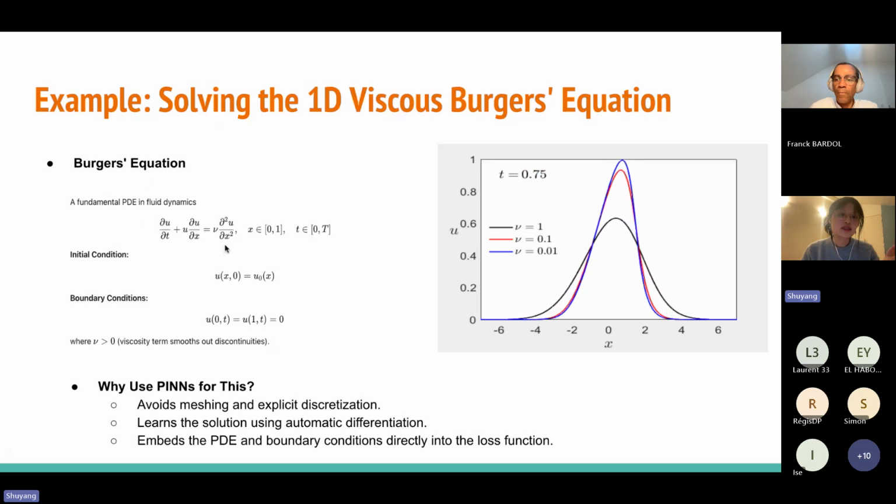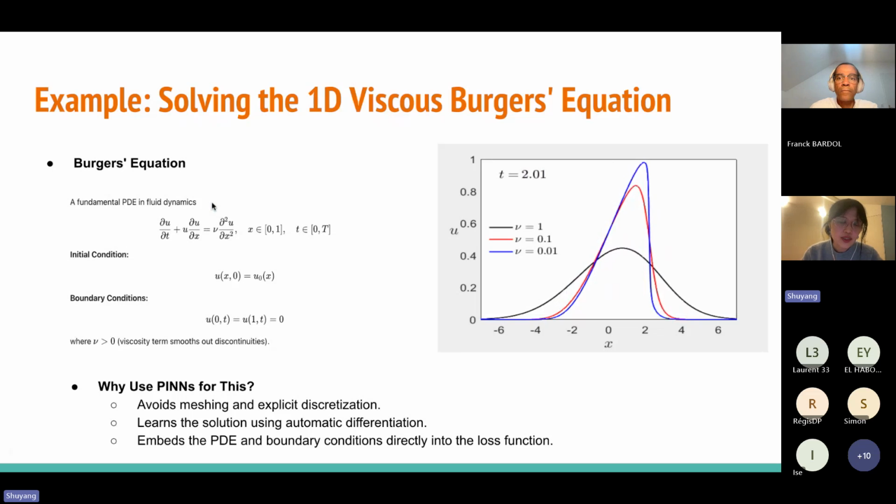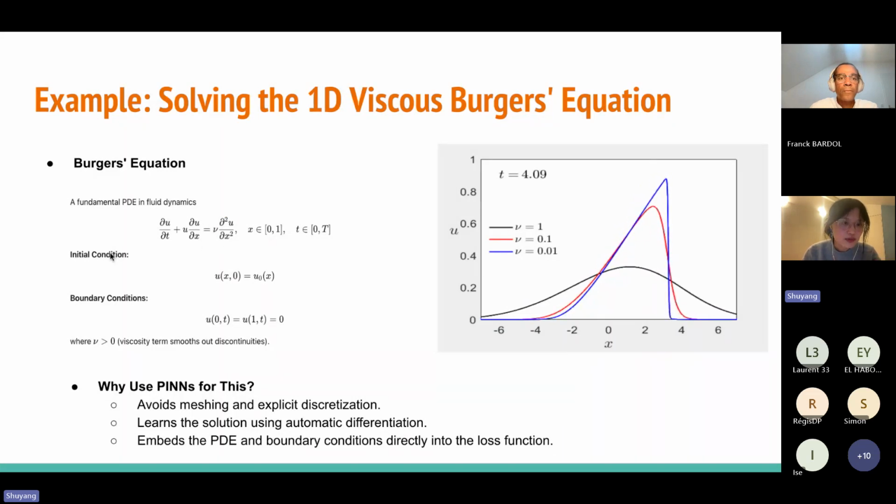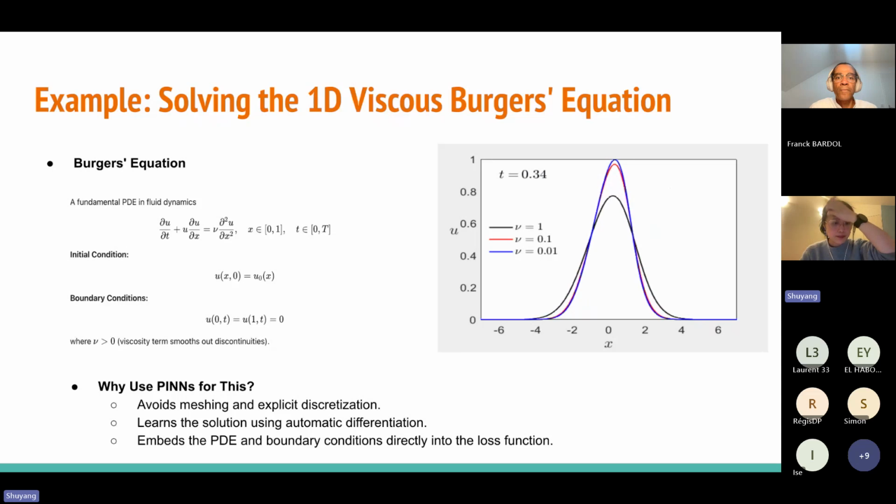It looks really simple, and it's 1D. There's just a one-dimensional output, and there's only a one-dimensional space variable. And for a given initial and boundary condition, we want to solve this equation.